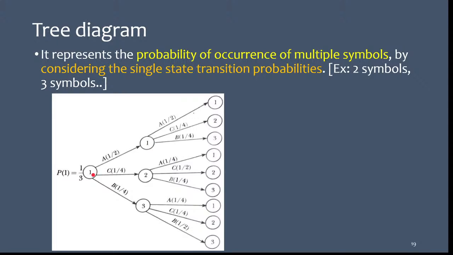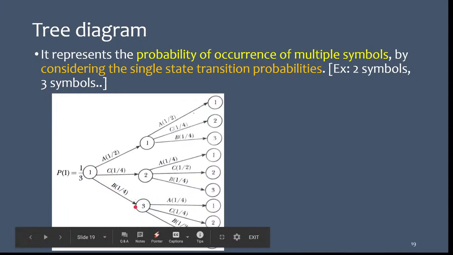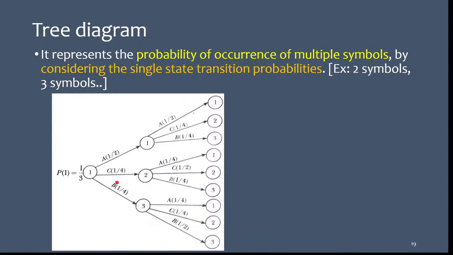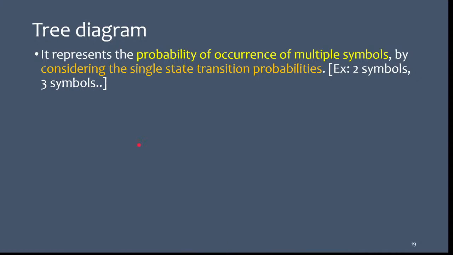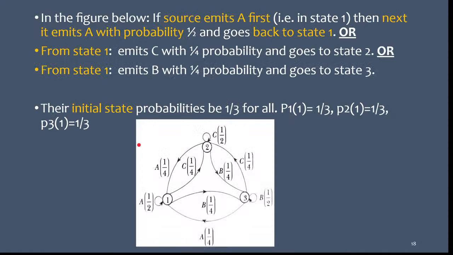From state 1, it can go to state number 2 by emitting symbol C with a probability of 1 by 4. From state 1, it can go to state 3 by emitting symbol B with a probability of 1 by 4. This part of the figure is directly copied from the information given in the previous slide. If you want, I can just go back to show you here.